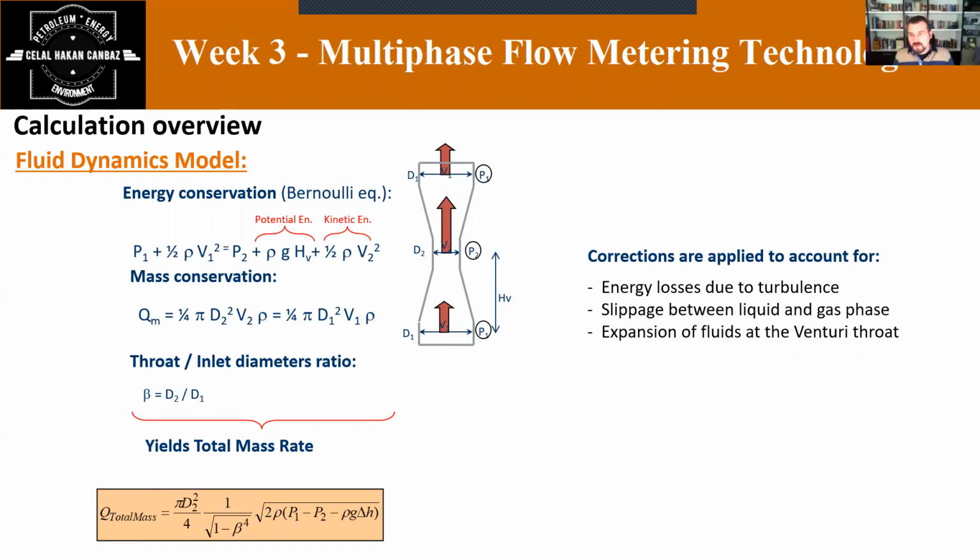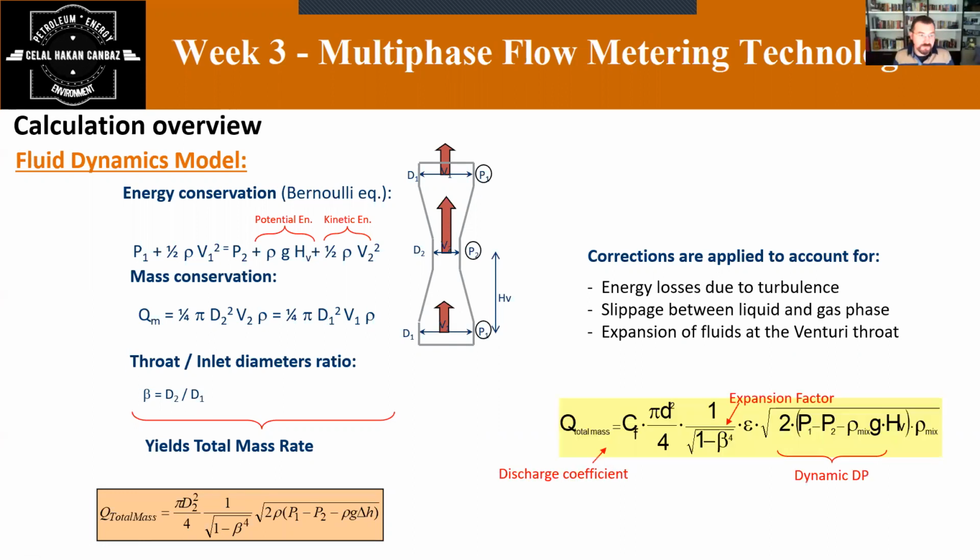Schlumberger engineers handled this problem as well and developed a very good formula, which also accounts for these parameters, and they yield this total mass formula. The calculation of this tool directly uses this formula, friends.